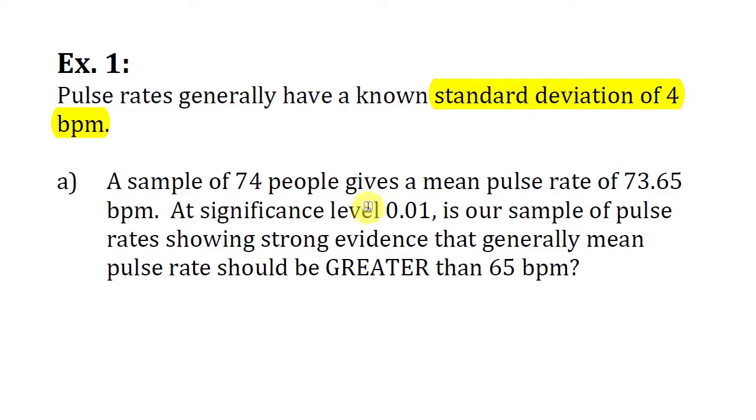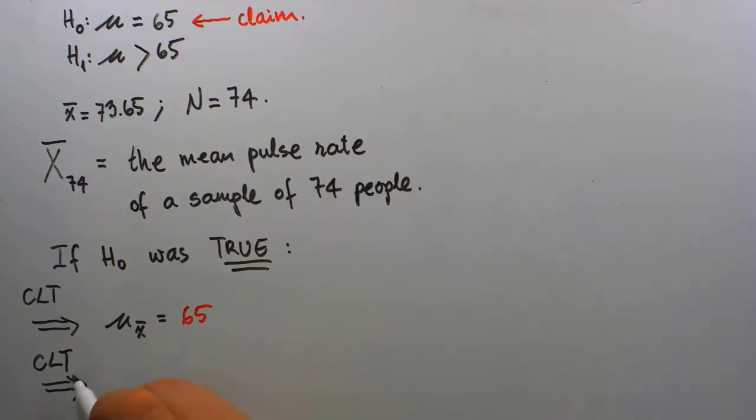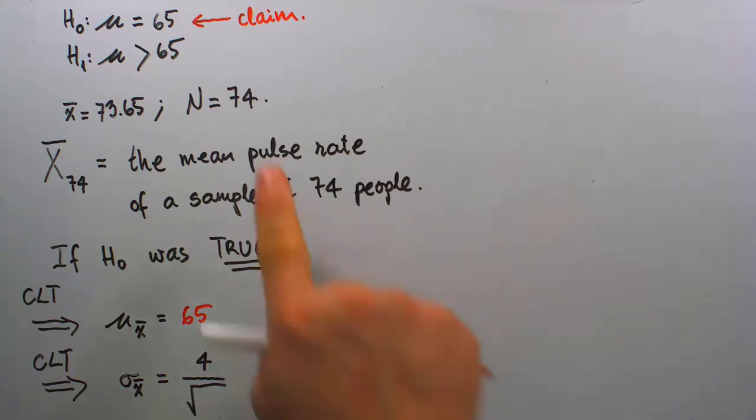And so now back on my writing board, according to the central limit theorem, sigma X bar can be calculated by sigma divided by square root of n. But then sigma was given to be 4, and for n, we are currently using the sample size of 74 people.